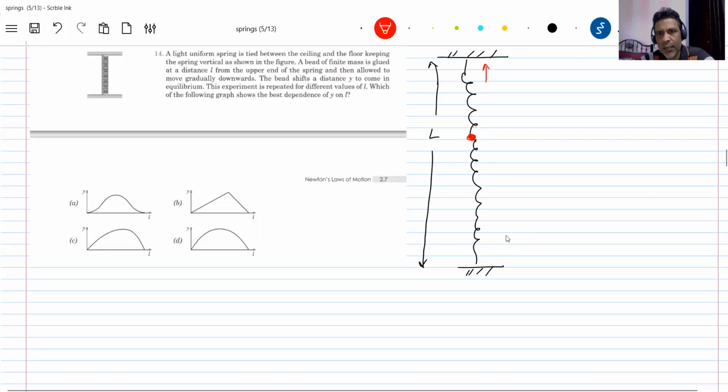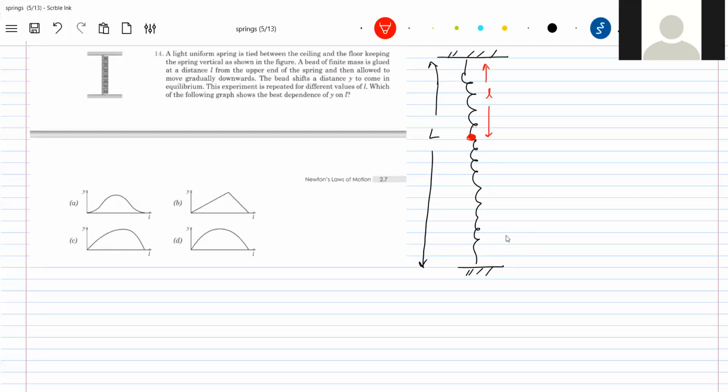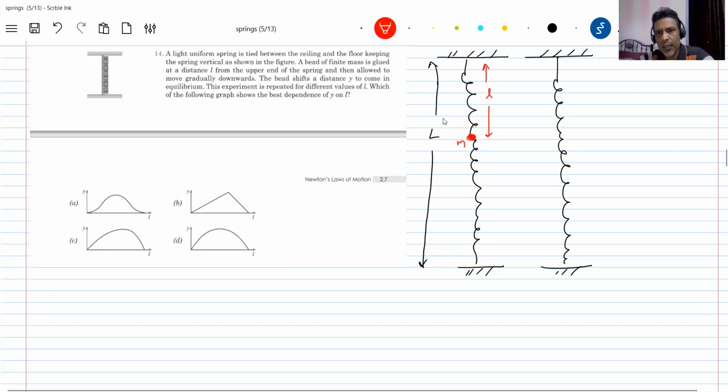So let the distance of this be L. Now there's a particle, and the particle will get displaced like this. Let this be the displacement. Whatever the question has given, I'm just drawing the diagram related to that. The bead shifts the distance y to come to equilibrium.